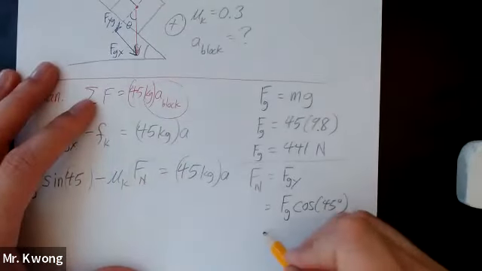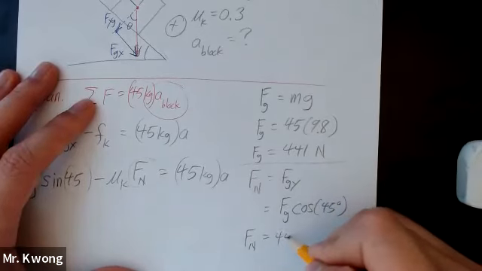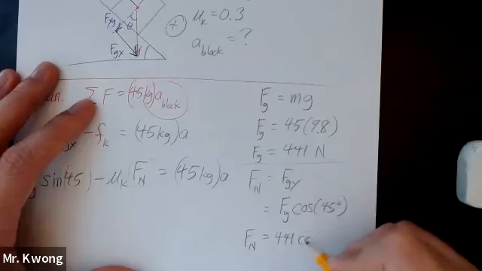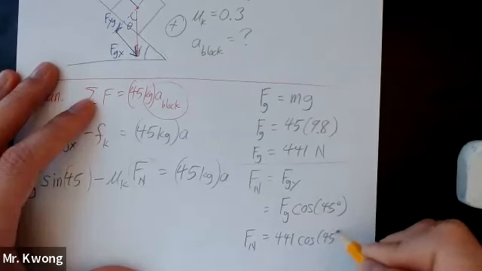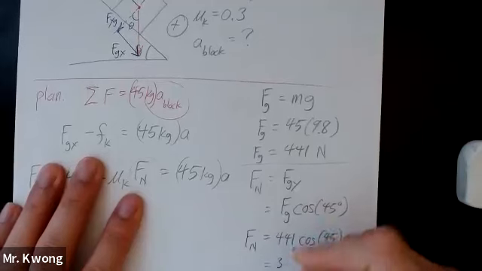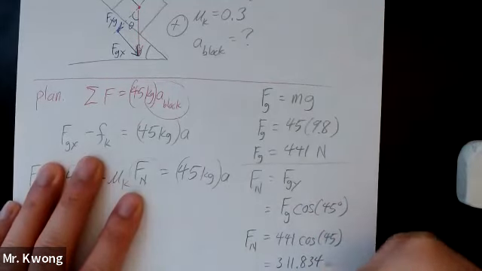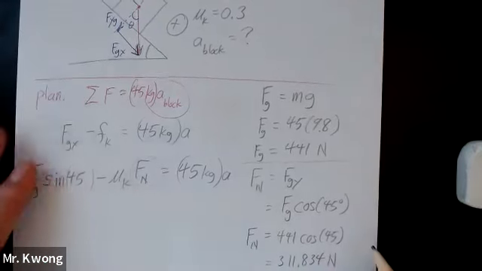And we could solve for that right now, because you have 441 cosine of 45. And we get something like 311.834 newtons.